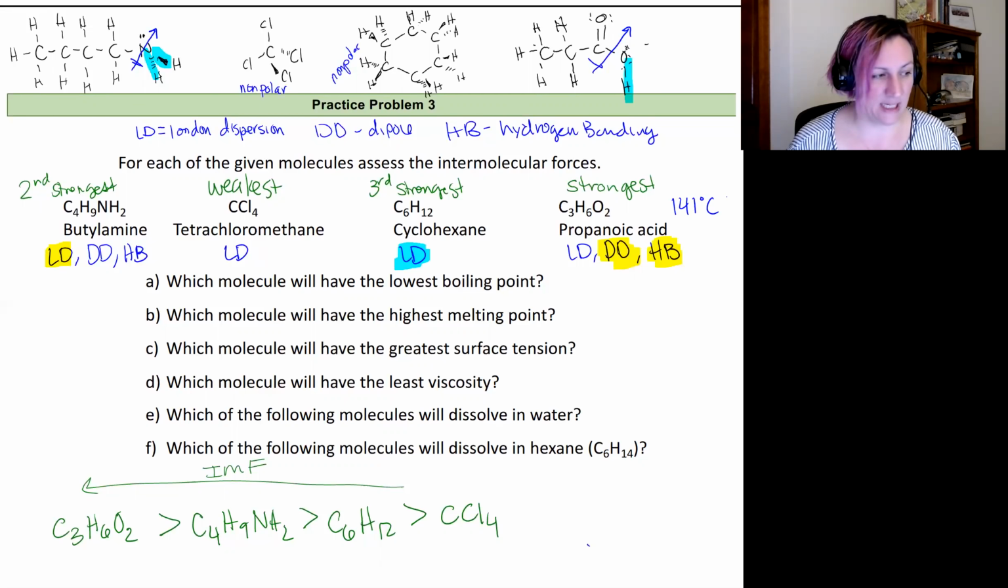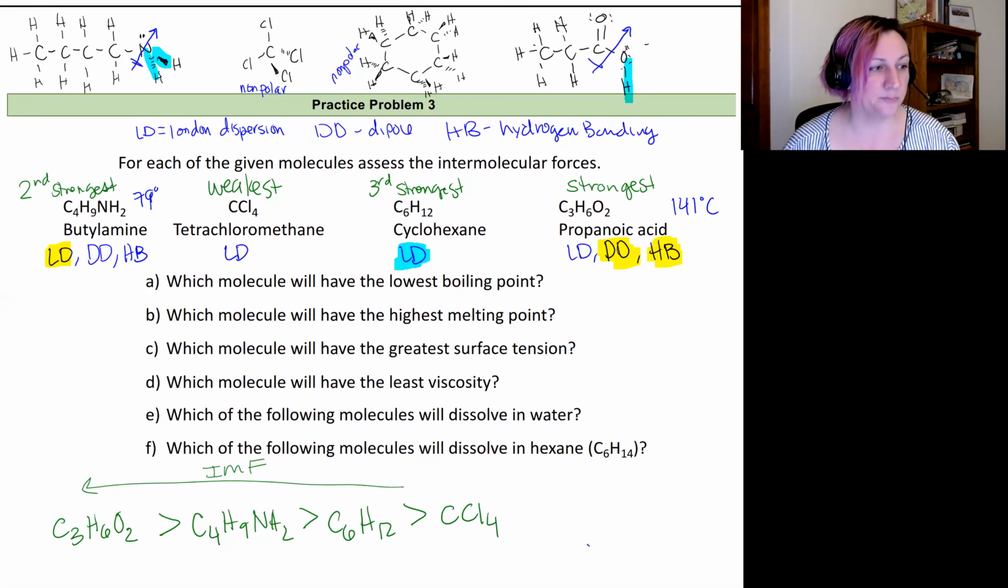My butyl amine has a boiling point of 79 degrees Celsius. So that supports our decision that the propanoic acid has stronger intermolecular forces. Now, there might be other things going on there too, but that's a pretty big difference. And so I think it's safe to say that the propanoic acid has a stronger set of intermolecular forces than our butyl amine.